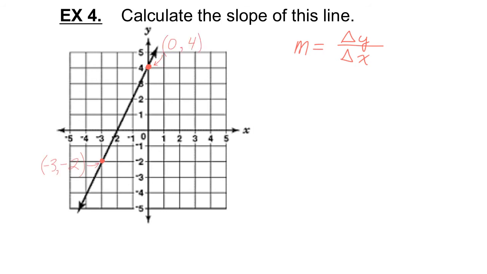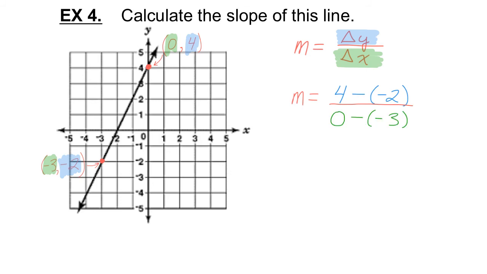So now we're going to use the coordinates to calculate the change in y and the change in x. So delta y is the difference between our 2 y coordinates, and delta x is the difference between our 2 x coordinates. So if I take one of the y coordinates and subtract the other one, and do the same thing with the x coordinates, that's how I get my delta y and my delta x values, and that's how I calculate my slope.